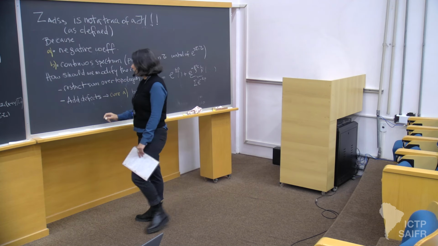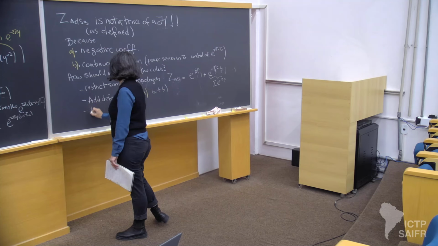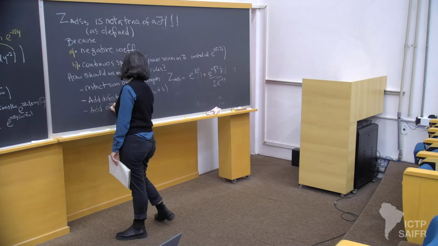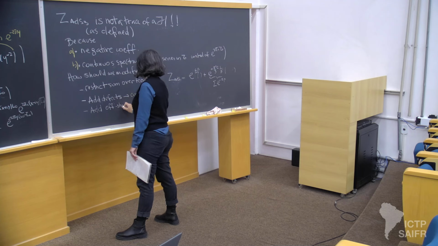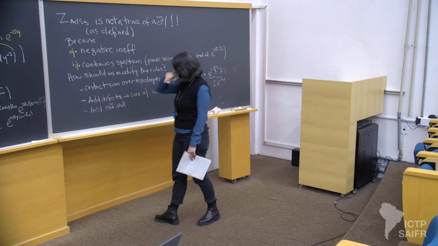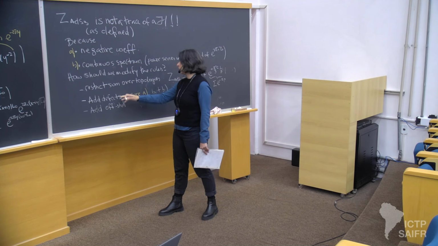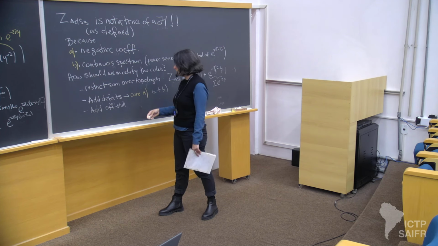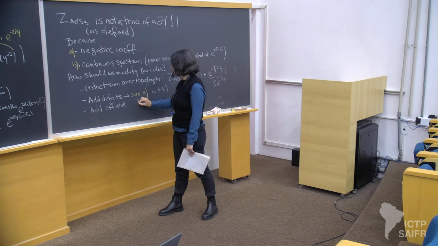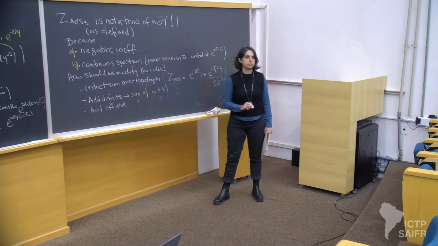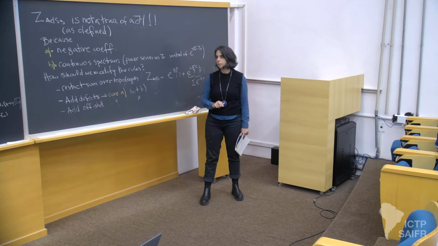Another thing that you can do is add off-shell configurations. They're not quite defects, because you could have said that defects are, in a sense, also a little bit off-shell. And this also does the same thing. It cures A, but it also doesn't cure B. Okay?